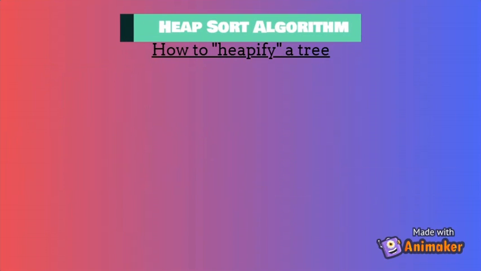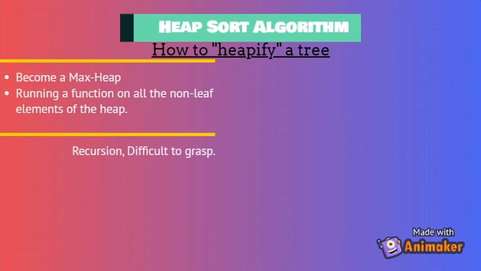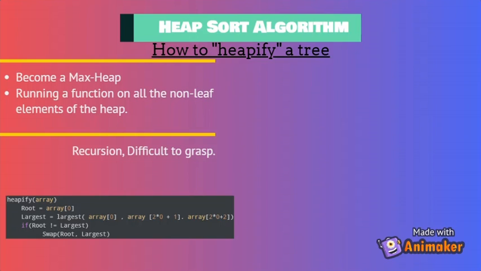How to heapify a tree. Starting from a complete binary tree, we can modify it to become a max heap by running a function called heapify on all the non-leaf elements of the heap. Since heapify uses recursion, it can be difficult to grasp. So let's first think about how you would heapify a tree with just 3 elements.